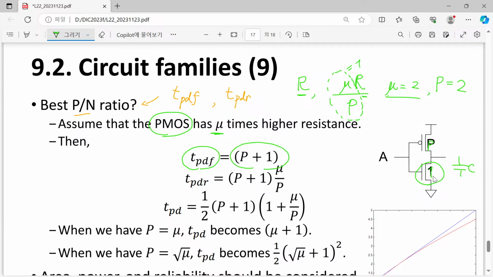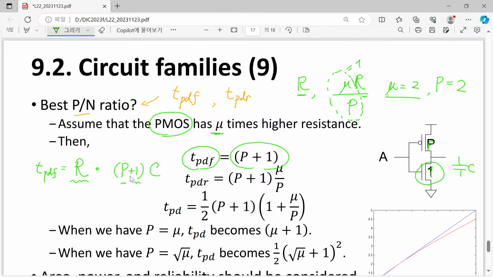And where is the effect of R? Yes, we have R. So simply speaking, we have to do it this way. In a more explicit way, we have to multiply R times the capacitance, and capacitance is given by P plus 1 times C, because 1 originates from our N MOSFET and P originates from our P MOSFET.